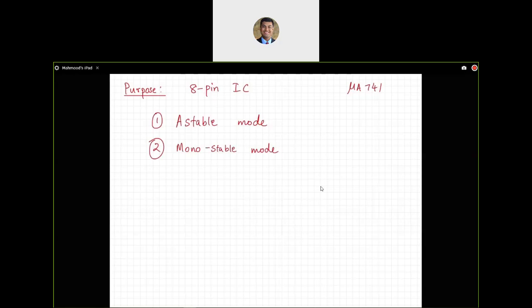So in the astable mode, we could use this 555 timer to generate a square wave, and that is going to be a free running square wave.